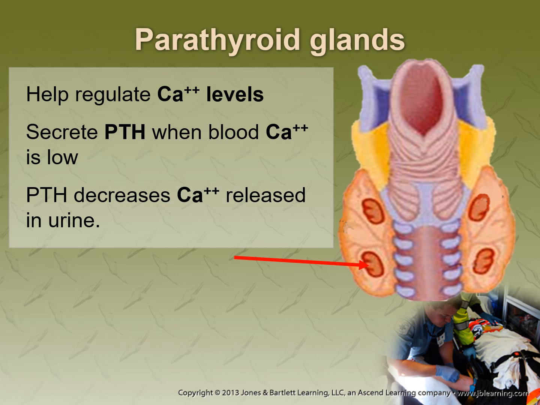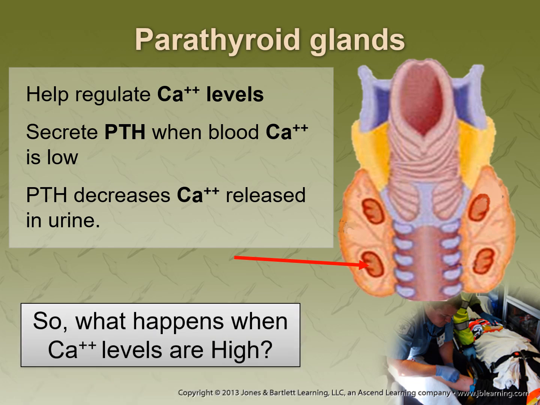The parathyroid is released when we have too little calcium. So we release this, and then we will start to, I like again to say, scrape it off the bone, or we can make it so the renal system does not pee out our calcium. So we increase the amount of calcium in our bloodstream.